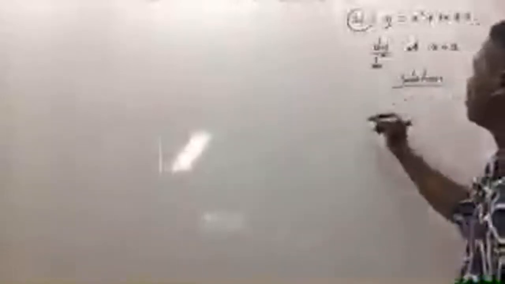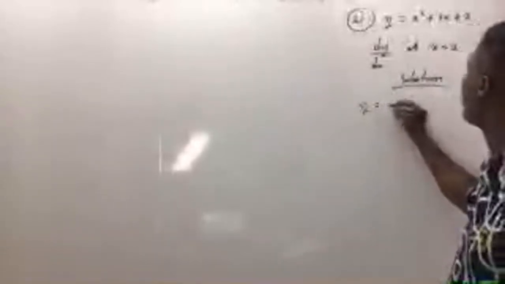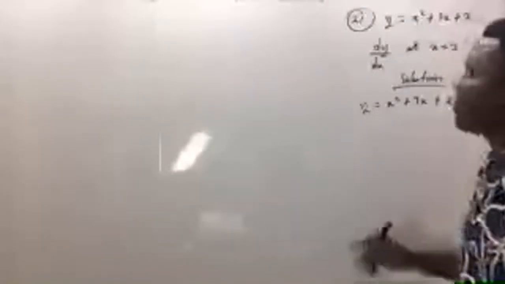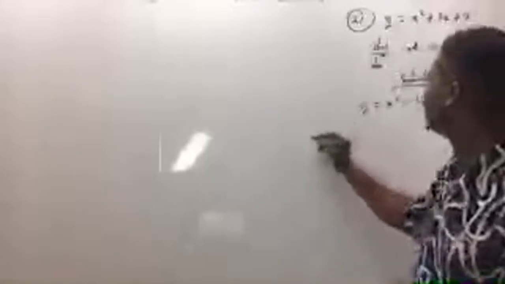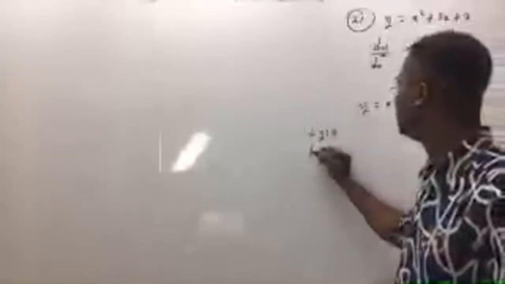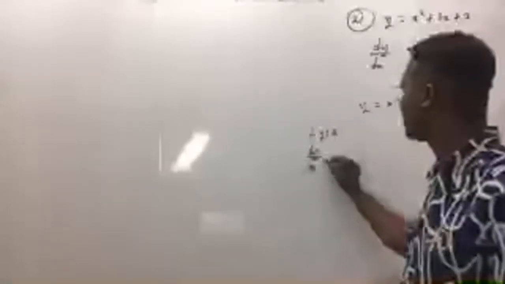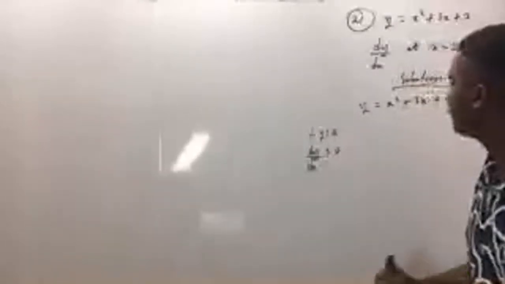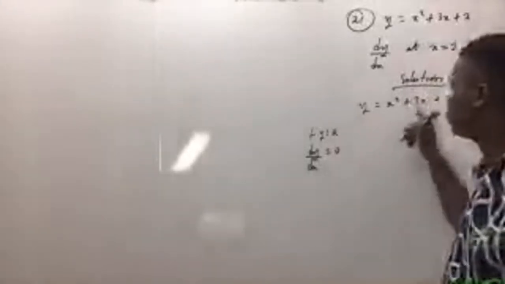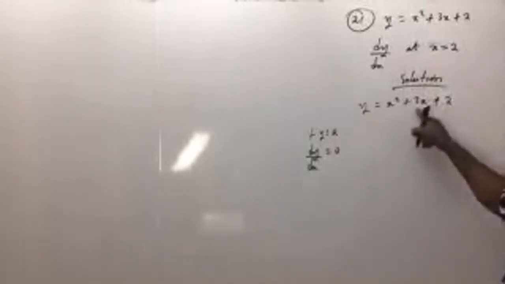So let's bring our function. Remember the rules: differentiating a constant, if y is equal to a, then dy/dx is equal to 0. Differentiating a linear term gives you the coefficient.